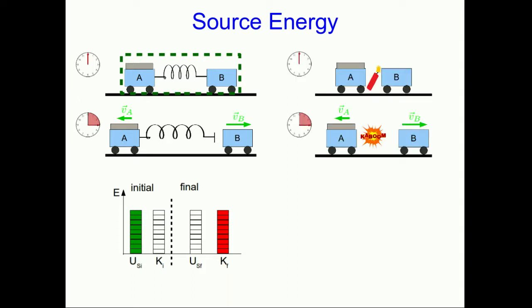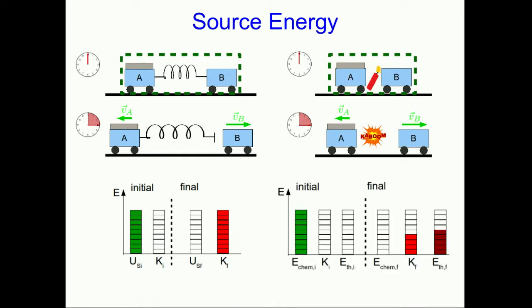Now let's think about, on the surface, a rather similar situation where instead of a spring we're using an exploding firecracker to push the two carts apart. Now, if we include the firecracker and the two carts in our system so that once again those are all internal interactions, we can define an internal energy in the system that we call the chemical energy, which is a kind of source energy.